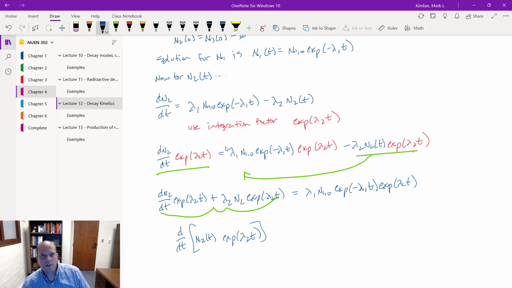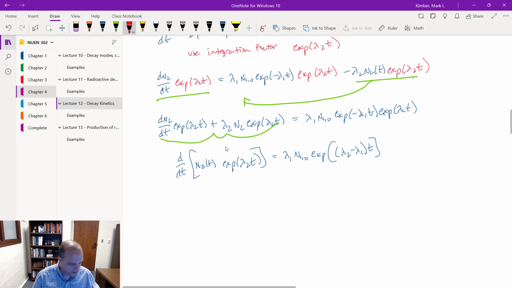So if I had two functions in there that are both time dependent and I take the derivative of them, I need to apply the product rule, which gives me these two terms that are shown here. And so then this just equals lambda 1 N1 naught exponential of lambda 2 minus lambda 1 t, taking those exponents and combining them together. So now we can separate and integrate, just like we did last time.